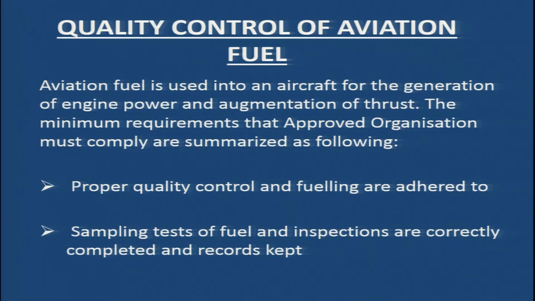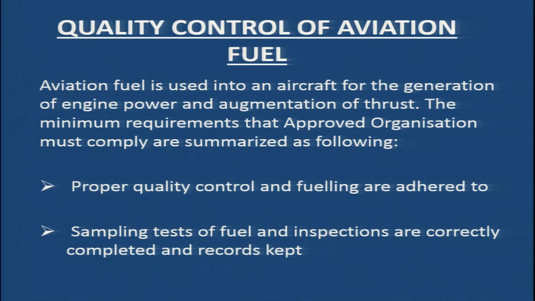So, the fuel which is being used on the aircraft needs to be inspected and tested at proper intervals. Proper quality control checks of the fuel need to be carried out. Proper quality control checks of the places where the fuel is stored, and how the fuel is being dispensed from the storage tank to the aircraft.